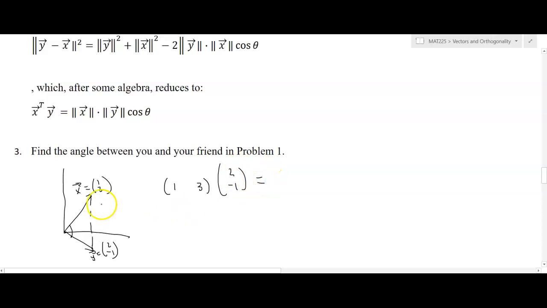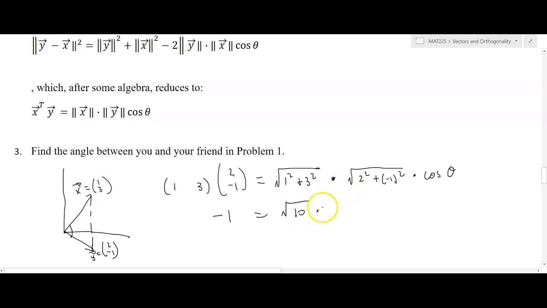And now we have to equate that to the length of x, which is the square root of 1 squared plus 3 squared. Multiply that by the length of y, which is the square root of 2 squared plus negative 1 squared, times the cosine of the theta that we're looking at. So when we compute the dot product here, we'll have 2 minus 3 is negative 1. This will come out to the square root of 10.